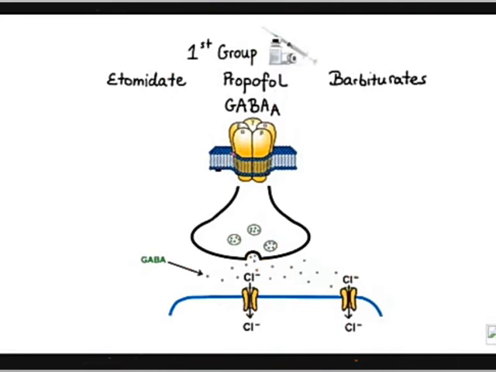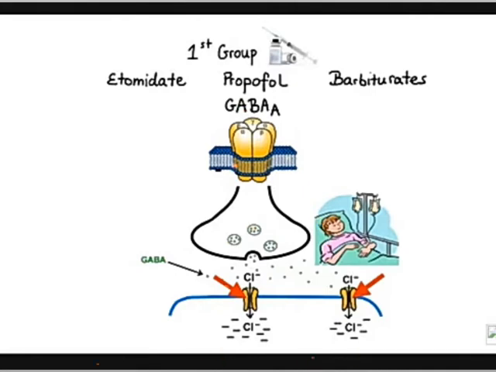This in turn leads to stabilization or hyperpolarization of the resting potential, making it more difficult for excitatory neurotransmitters to depolarize the neuron and generate an action potential. So when etomidate, propofol, and barbiturates bind to specific sites on the GABA-A receptor, they prolong opening of the channel, suppress neuronal excitability, and thus promote unconsciousness.